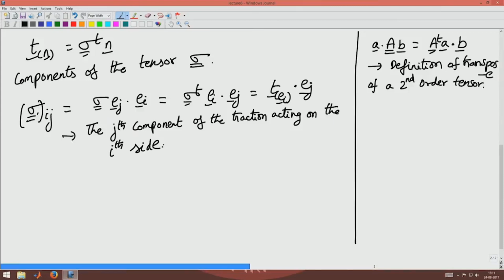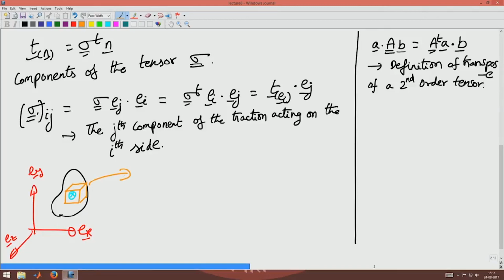Let us understand what this means. I have a body, and first I have a coordinate system, Ex, Ey, Ez. I am interested in finding the stress at this point. What do I do? I go about isolating an infinitesimal cube about that point.